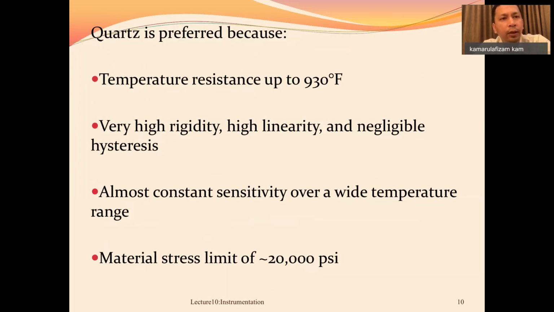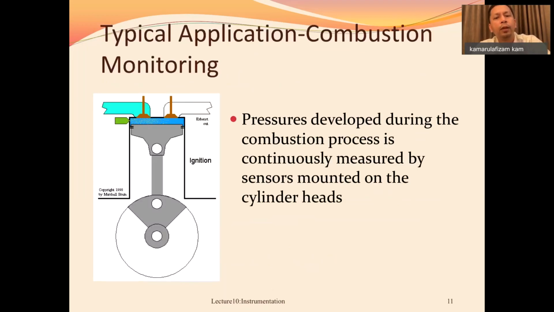It is a very rigid, very stiff material, highly linear, and of course almost no hysteresis. The reading is almost constant over a wide temperature range, and talking about rigidity, they have a stress limit of 20,000 psi. So it is a very robust and stable material.